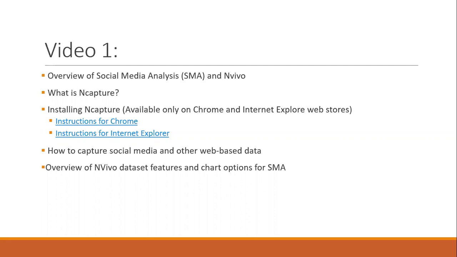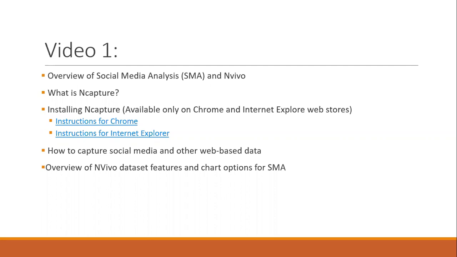So for web pages, online PDFs, and other websites like LinkedIn, the process of downloading data from these other types of websites is very similar to that from Twitter. Once you navigate to the page you're interested in, click on the icon.